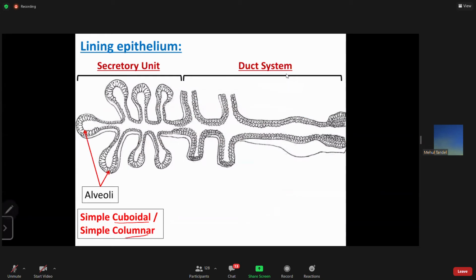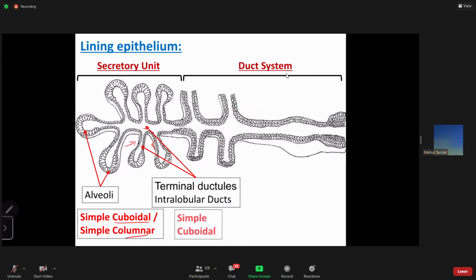This alveoli opens into the terminal ductules with the intralobular duct. Both the terminal ductules and intralobular ducts are lined by simple cuboidal epithelium. All these intralobular ducts finally form the interlobular duct, and then the lactiferous duct.